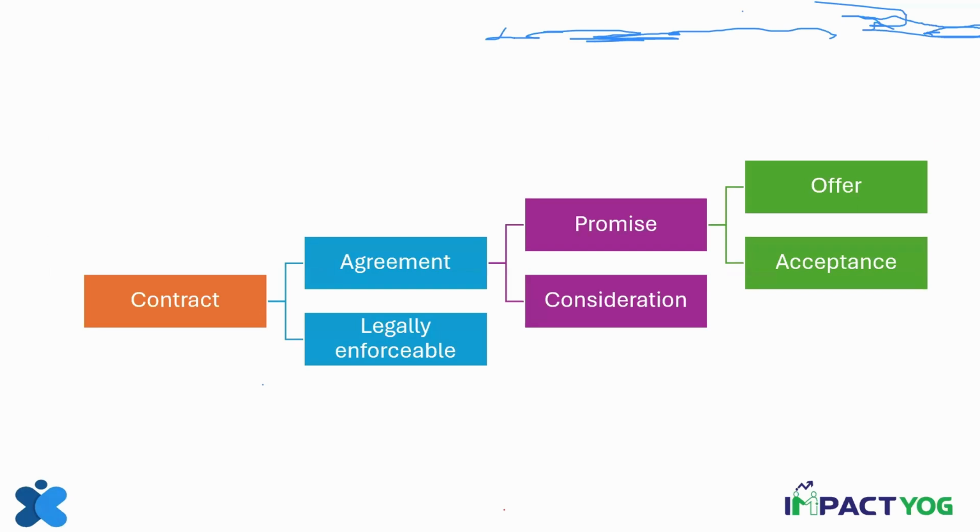And against that offer, you have accepted it, you have selected the vendor, and that becomes a promise on your part for purchasing this item at this price. And when that agreement is put down on paper and is legally enforceable, that is what is called a contract.